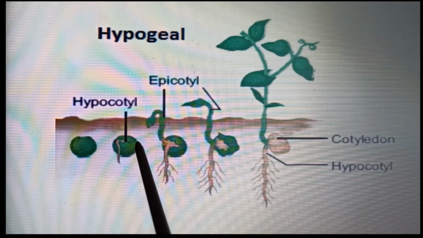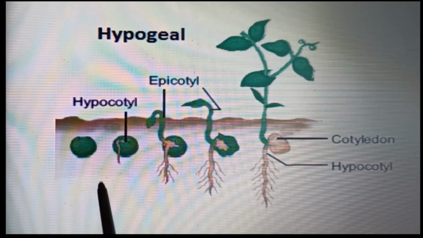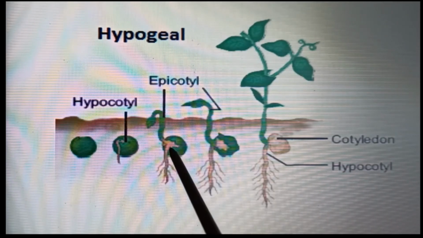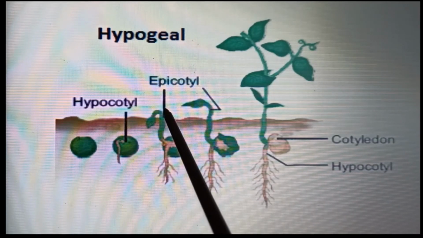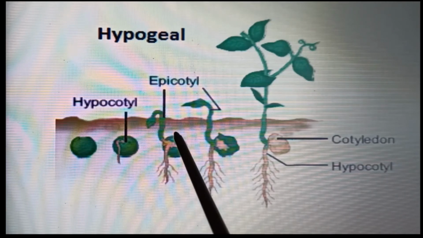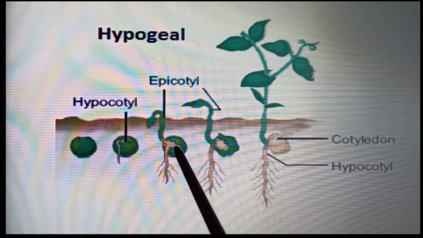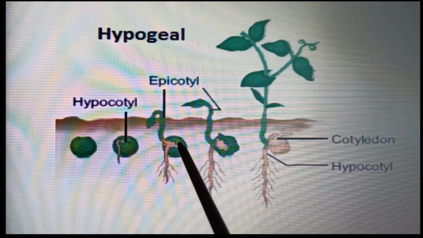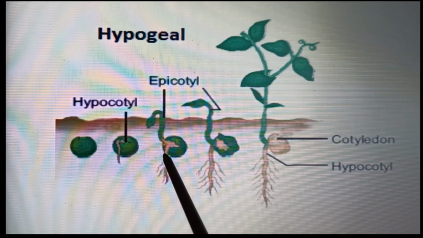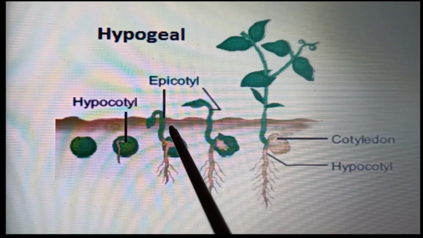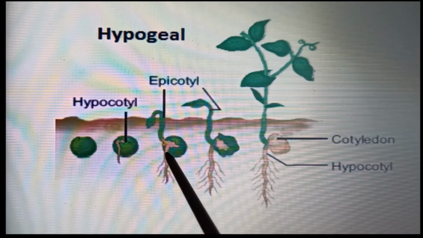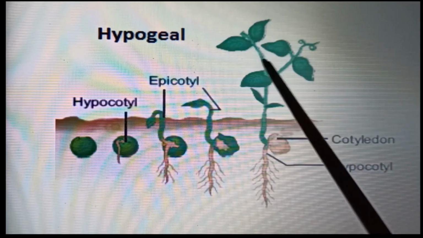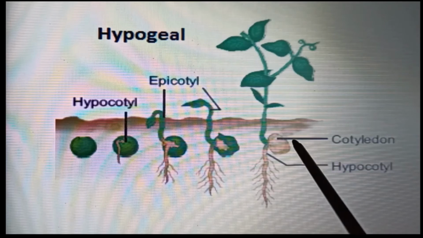When you soak a pea seed and put it in the soil, you will see that when it starts germinating, the epicotyl elongates faster than the hypocotyl. The epicotyl is the portion between the cotyledonary node and plumule, and the hypocotyl is the portion between the cotyledonary node and radicle. So in hypogeal germination, the epicotyl elongates faster, grows up and comes out of the soil, and the cotyledons remain inside the soil.